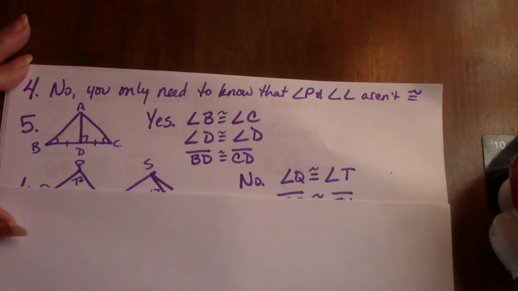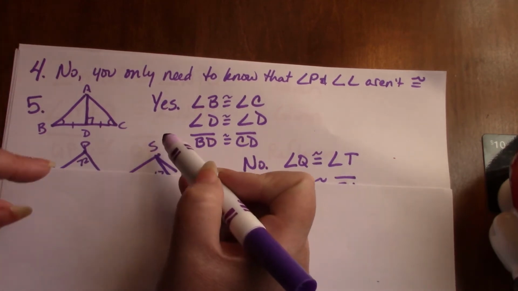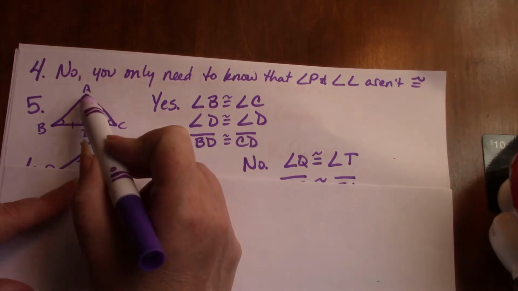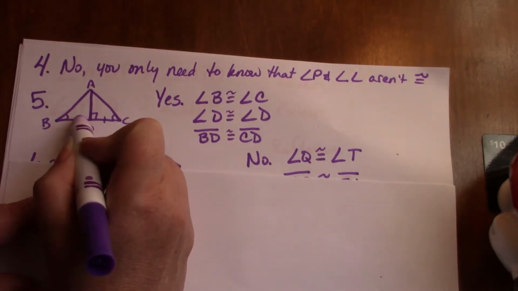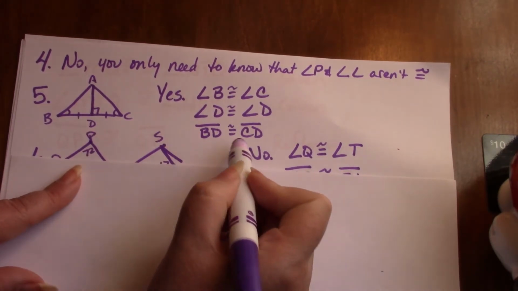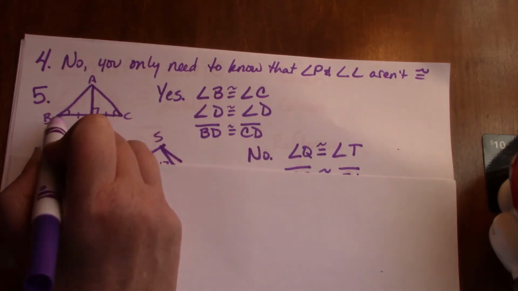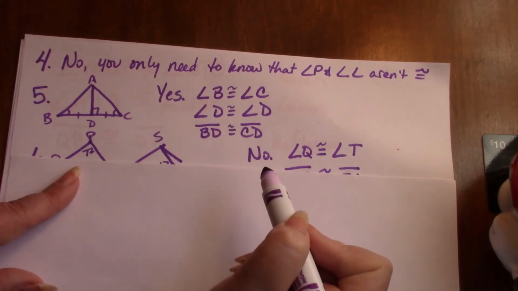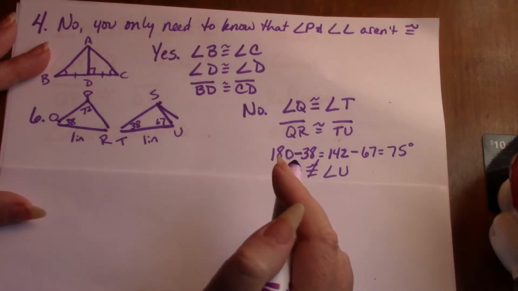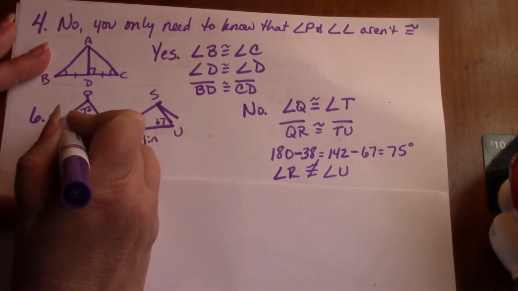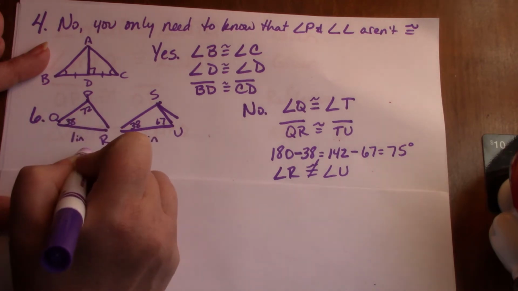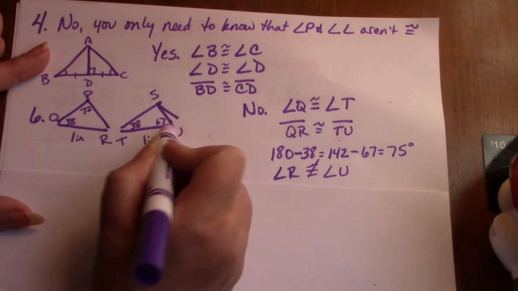Number 5, yes. Angle B is congruent to angle C. Angle D is congruent to angle D. And you know that line BD is congruent to line CD. 6 is no. You know that angle Q is congruent to angle T, and that line QR is congruent to line TU.